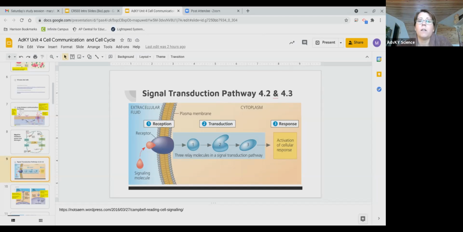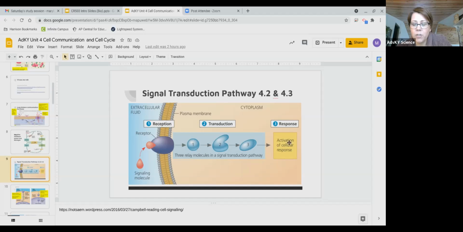And if the response is happening in the nucleus, a very possible prediction is we're going to either turn on genes so that we produce a protein needed to respond to this signal, or we could stop those genes from being expressed so that we no longer make a protein. So pay attention to that.